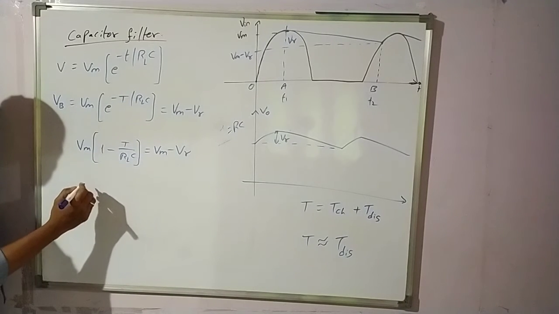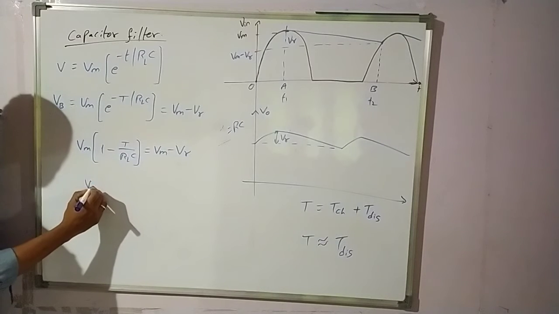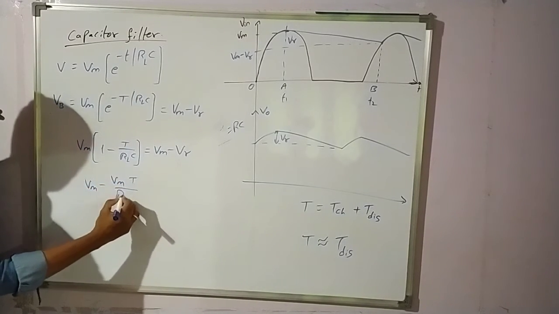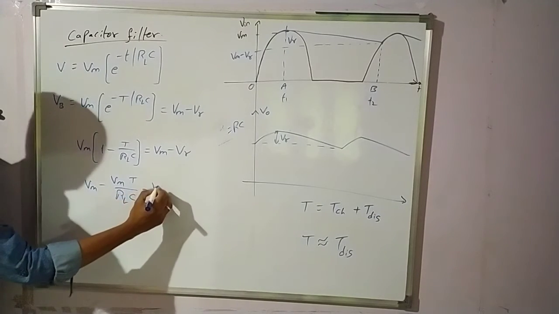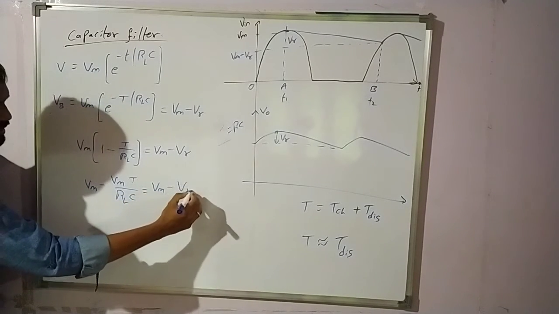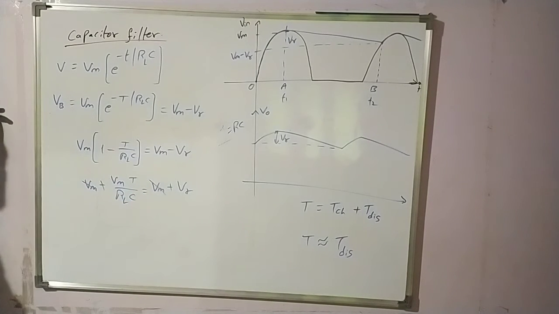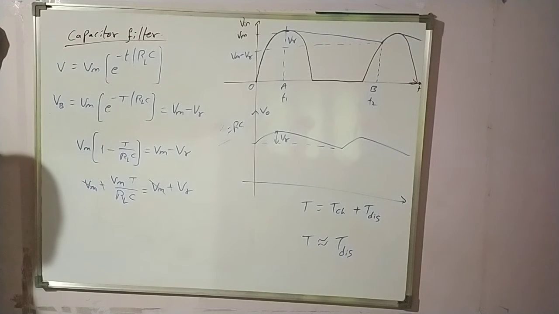Vm will cancel. So Vm minus Vm into T by RL into C is equal to Vm minus VR. So Vm cancels, and the VR value I got is Vm into T by RL into C.